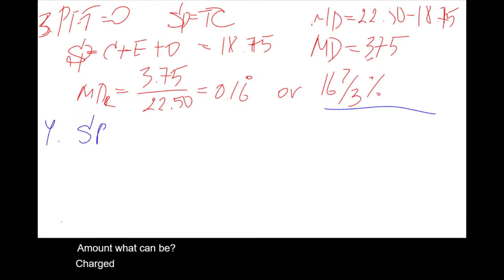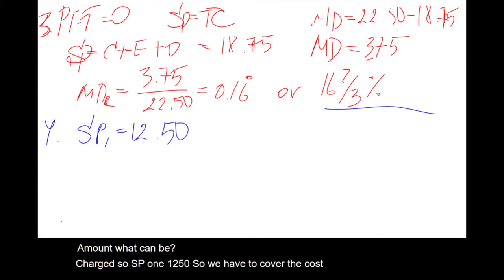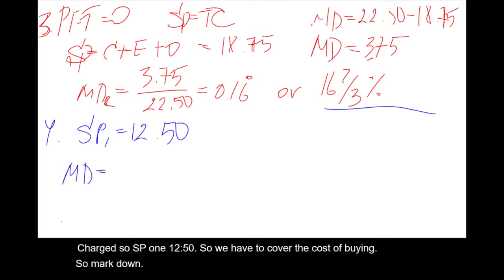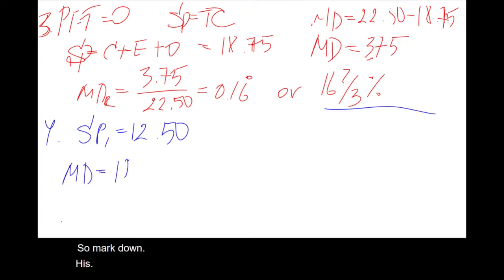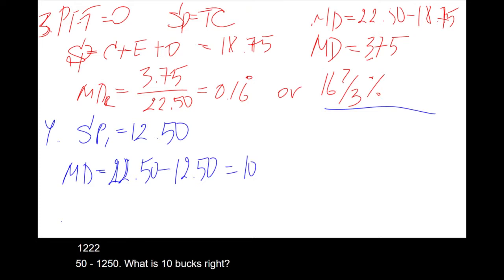So SP is 1250. So we have to cover cost of buying. Okay, so markdown is 2250 minus 1250. What is it? $1000, right?